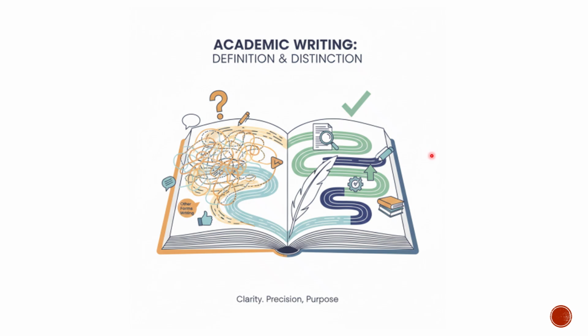But academic writing is related to different types of writing, like we have mentioned, the dissertations and so on. So the main difference between academic writing and other forms of writing would be the tone and perspective.